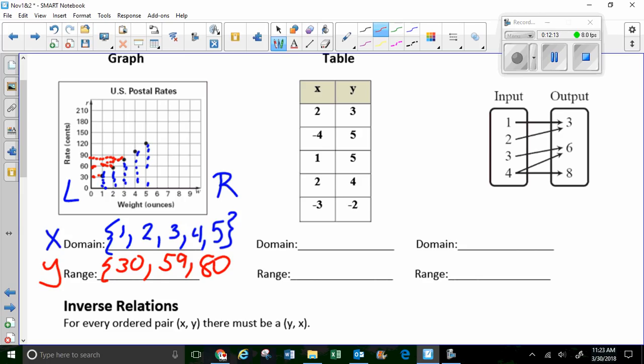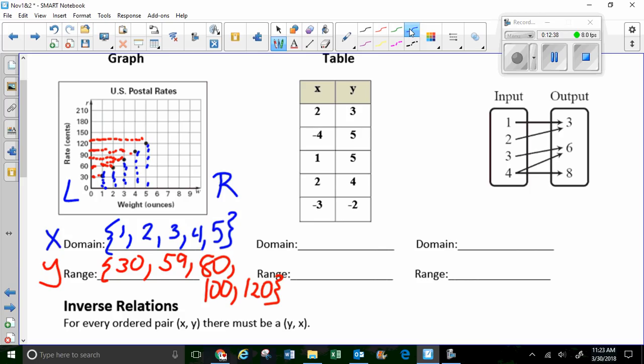I can see an argument for maybe 75. Following the next one over, that would be a little bit above 90, so let's say 100. And the last one hits right on the intersection of 120. So there's your range.